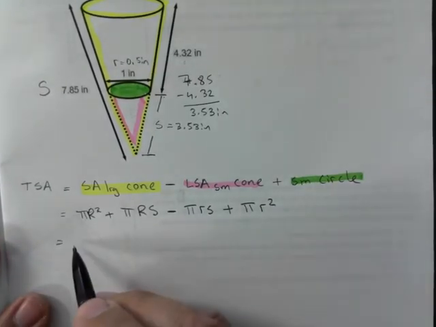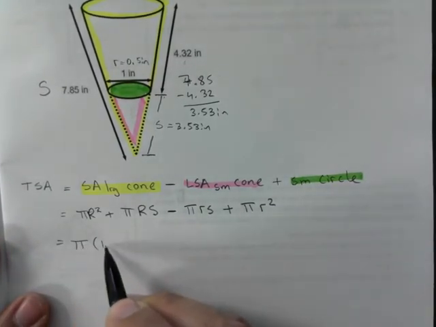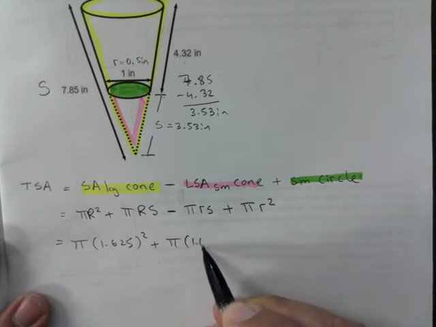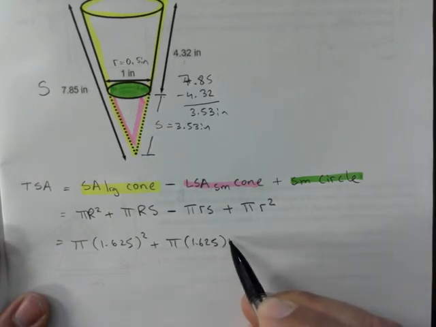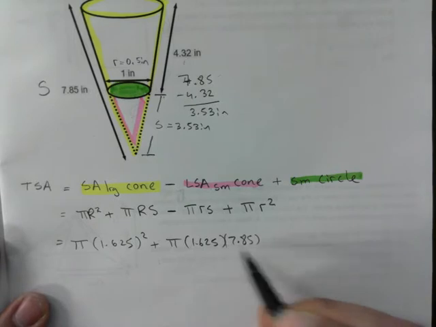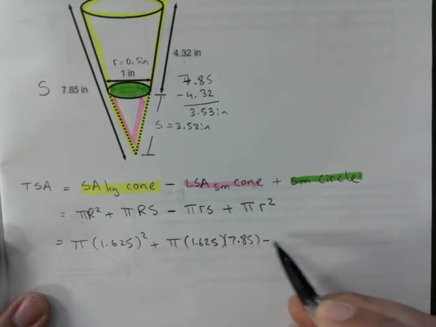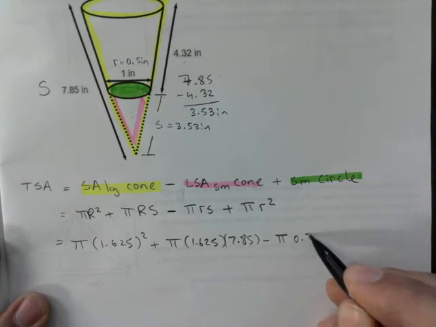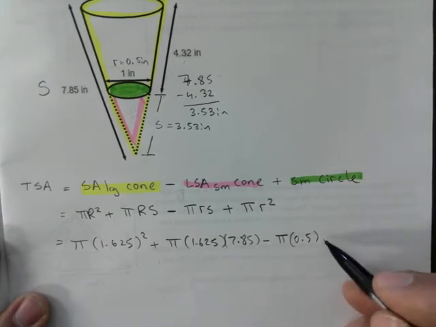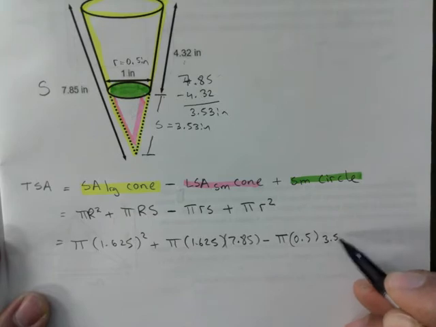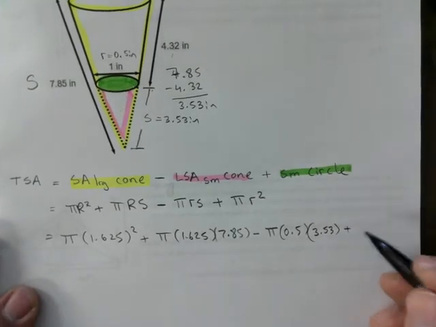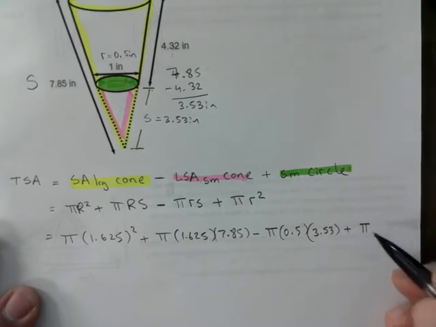Okay. And now let's plug in: pi capital R squared plus pi capital R S, which is 7.85, minus pi R, which is that lowercase r, S, plus pi R squared.